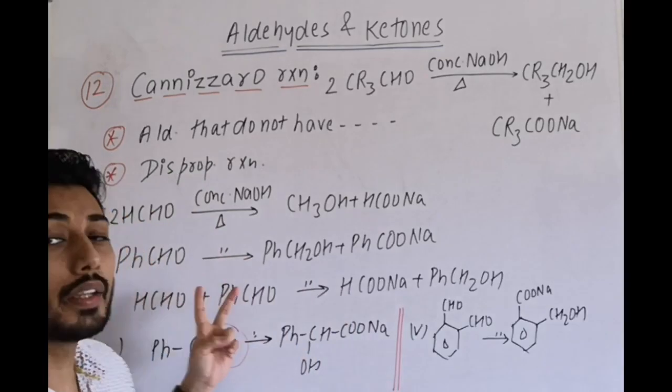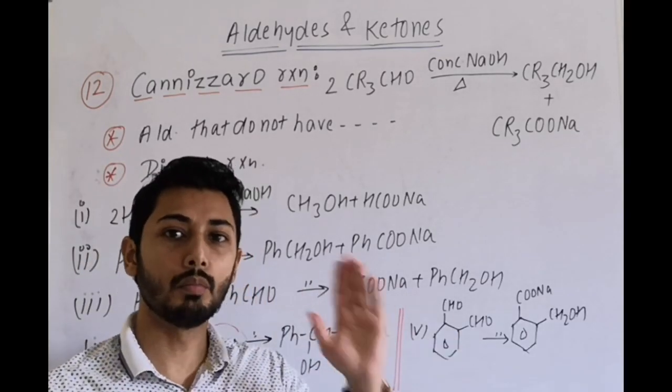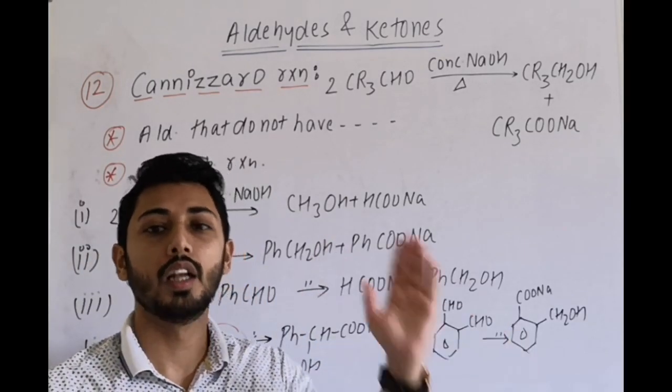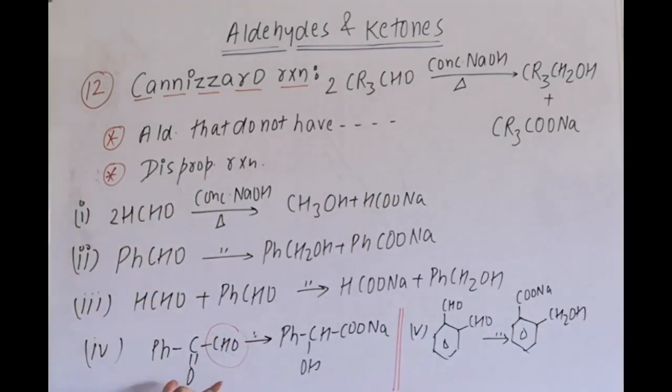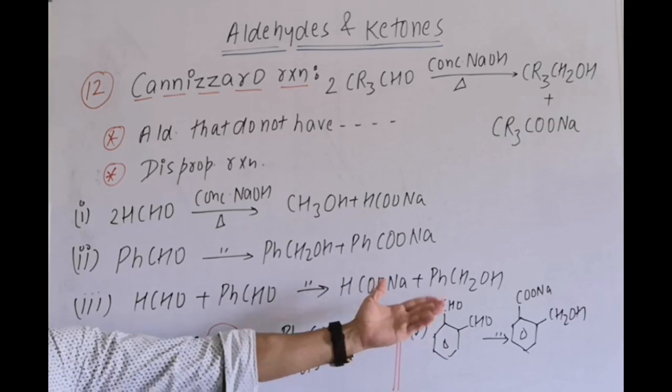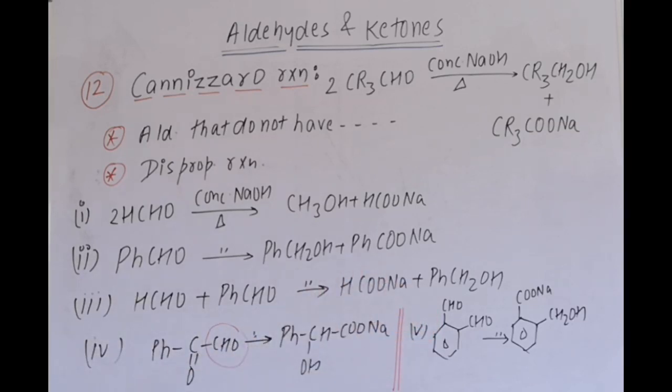If there are two different, then more reactive, again I am saying more reactive will be oxidized, less reactive will be reduced. And third category, intramolecular Cannizzaro, then again we will check more reactive oxidized, less reactive will be reduced, and if both are equivalent, then any of them can be oxidized and other will be reduced.